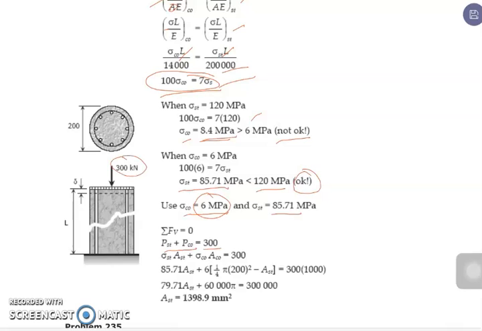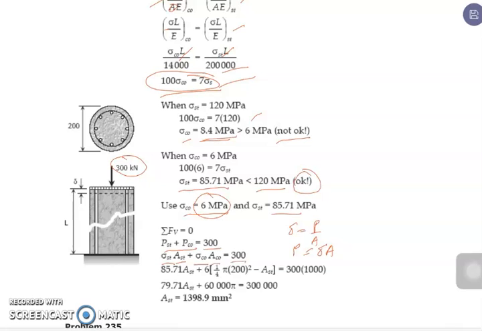Using the equation, stress is equal to P all over A, we can have P is equal to stress times the area. So you have now stress on the steel times area of the steel plus stress on the concrete times area of the concrete is equal to 300.